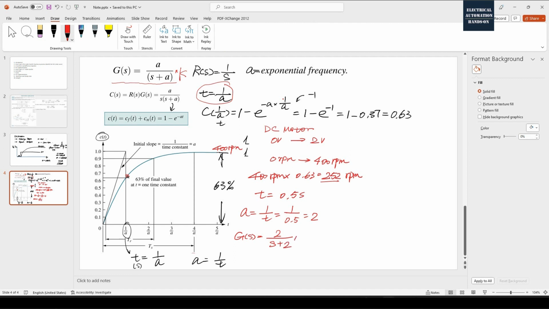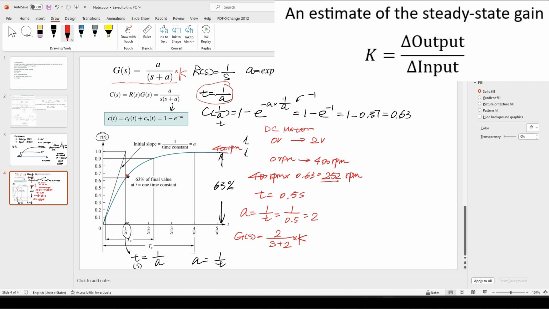Again, as I mentioned, actually here it should have a gain. Let me explain how we can calculate the gain. The gain means when we apply an input, the input has its unit, voltage, and the output has its own unit, RPM. So what does this gain mean?